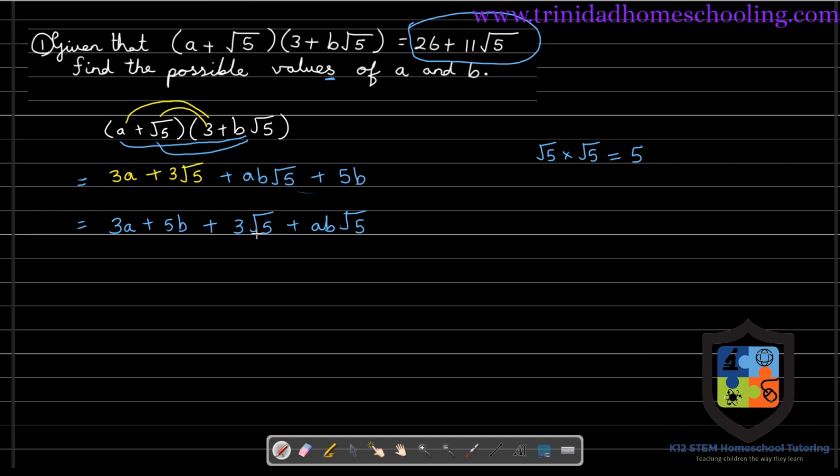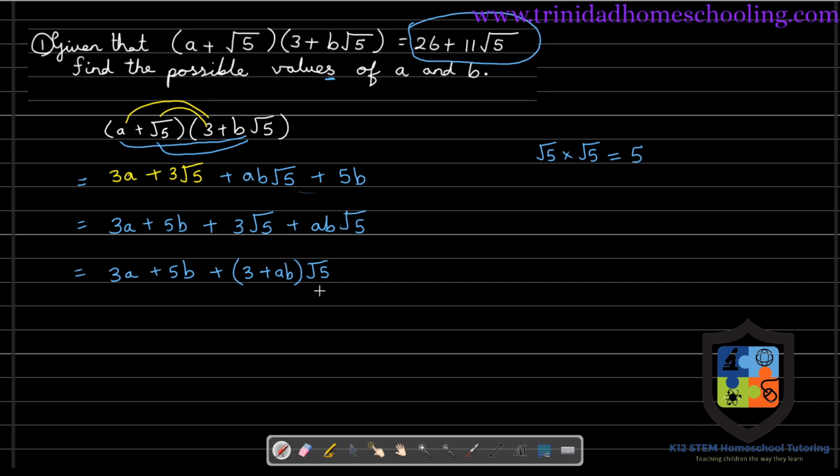Another rule here, when we have the same surds, is to factorize out that root of 5. So this will be 3a plus 5b, not touching that, and we're going to pull out that root of 5 and put everything else in brackets. So that is 3 plus ab.